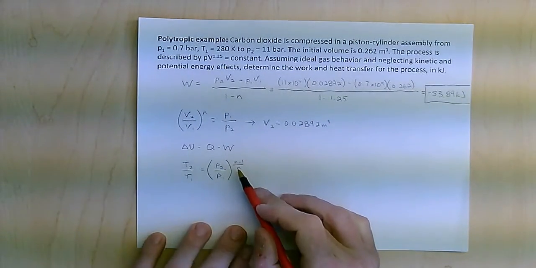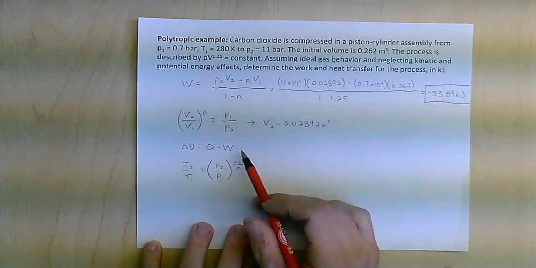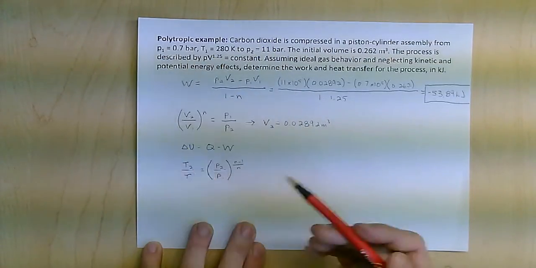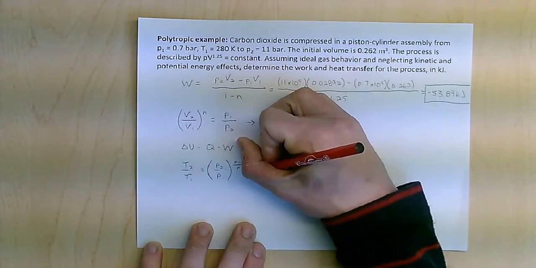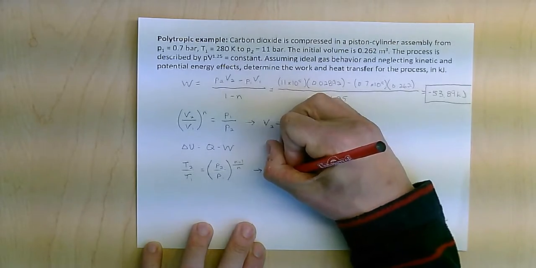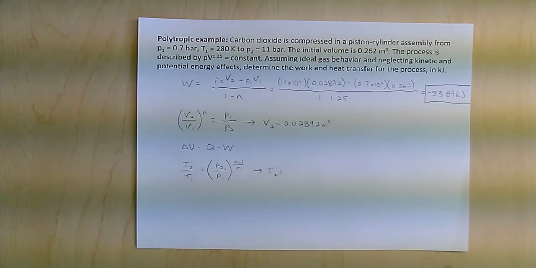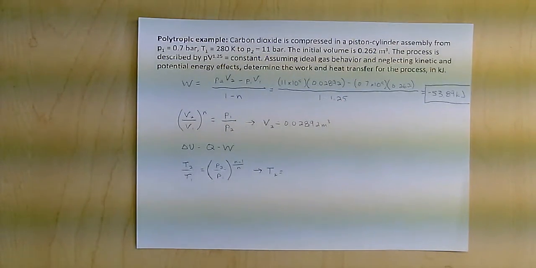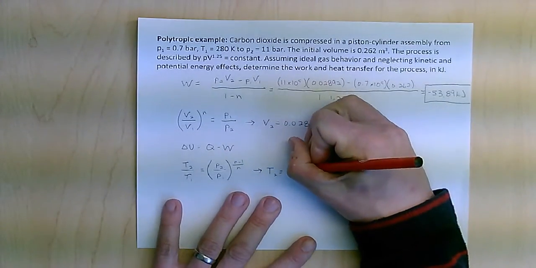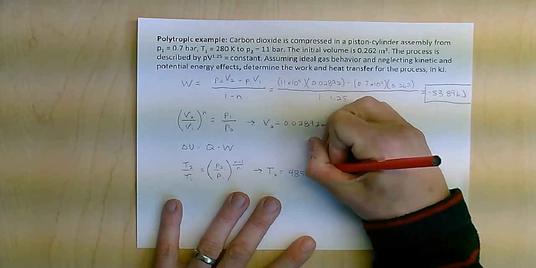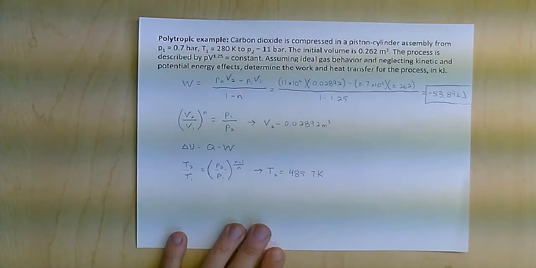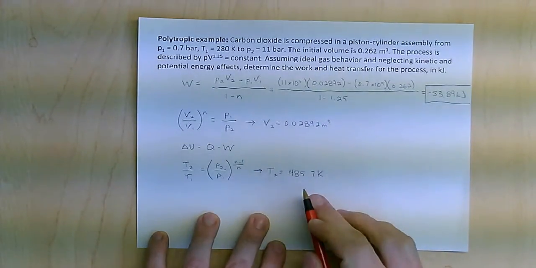And again, this is because it's a polytropic process of an ideal gas. I know my pressures, I know T1, I know n, so I can easily calculate that T2 equals 485.7 Kelvin.